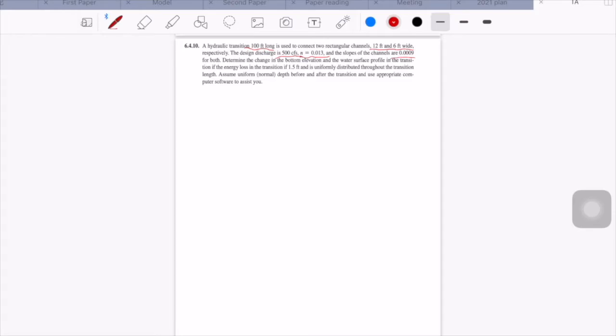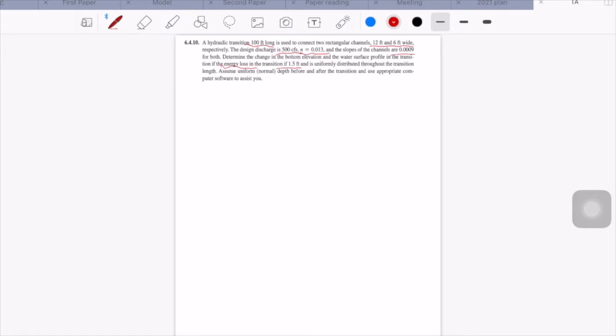We need to determine the change in the bottom elevation and the water surface profile in the transition, if the energy loss in the transition is 1.5 feet and is uniformly distributed throughout the transition, and show the uniform depth before and after the transition. For this problem, first we need to determine the water depth at the transition entry and exit.